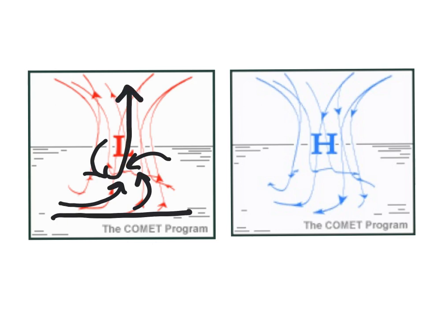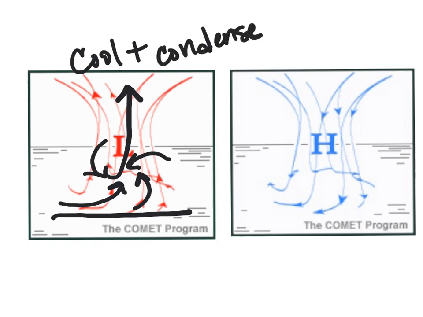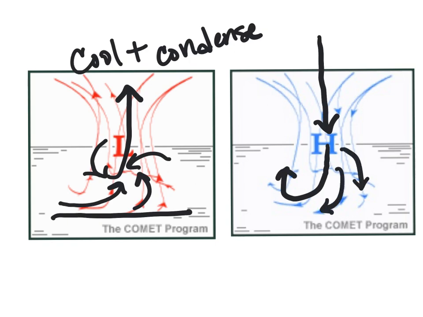As it goes up, it's going to cool and condense. And as it cools and condenses, it will then become more dense and it will begin to sink. It will sink and it will go down and out in a clockwise direction.